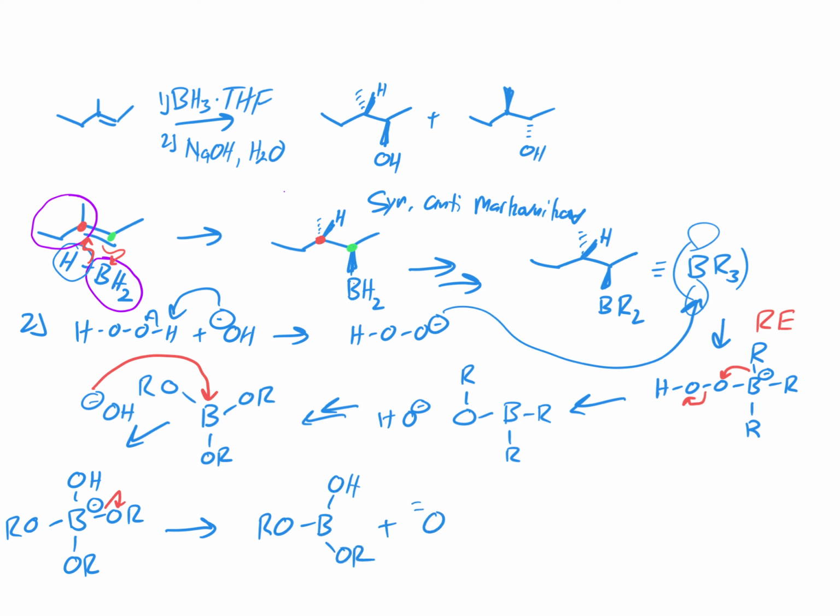But here's the key feature. We form this OR minus molecule, and I'm going to erase the R now, and I'm going to actually draw it like it should be so we remember what the R looks like.